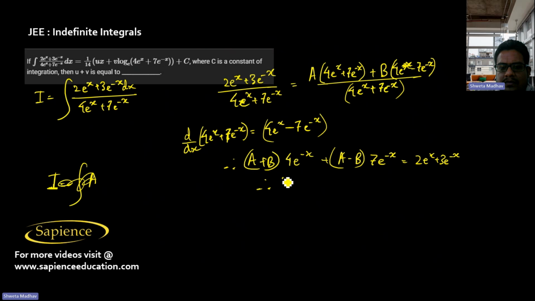Now, therefore, a plus b into 4 is equal to 2. So this is equal to half. And a minus b is equal to 3 by 7.